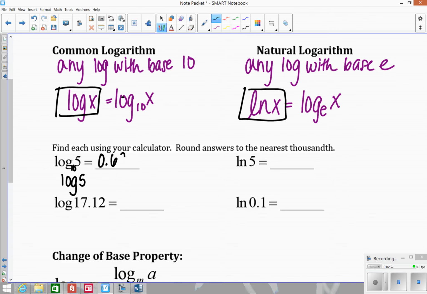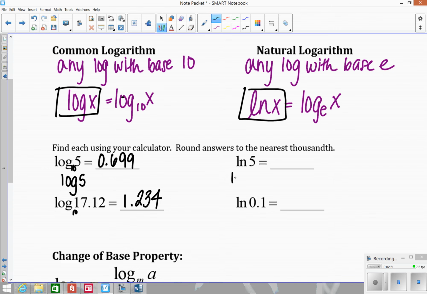You should get 0.699. Really, this is asking: 10 to what power gives me 5? Whenever the base isn't there, it's 10 to what power gives me 5. Same with this one: 10 to what power will give me 17.12? So I take the log of 17.12. Again, remember there's really a little base 10. You get 1.234.